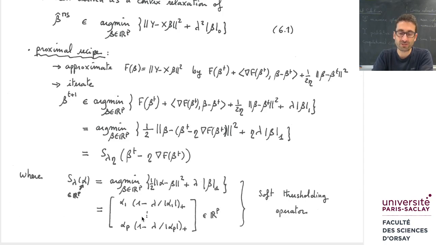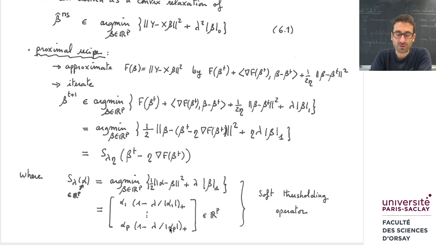If you look at this operator, it does two things. First, it will select coordinates which are large enough, or said in a different way, it will set to 0 coordinates which are too small. For example, if alpha 1 here in absolute value is smaller than lambda, this will be equal to 0.